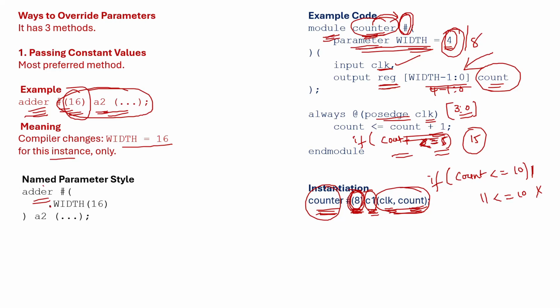How can you instantiate? Module name, hash. See how we are instantiating your module in your testbench, right? Tell me. So this is my module. Module counter I'm taking here, and then input wire you have taken A, input wire you have taken B, and output with some range you are taking C here.